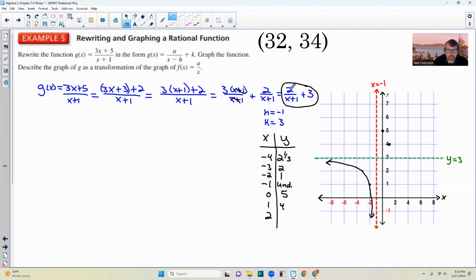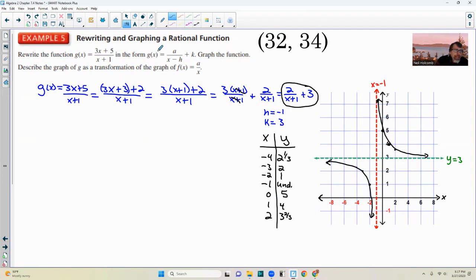And then finally plugging in 2, I get 2 over 2 plus 1, which is 3. 2/3, that'd be 3 2/3. So I'd go to 2 and up 3 and 2/3, which would be about here. So this function is coming down like so, turning and approaching that asymptote, but never getting there. So this is the graph of g of x.